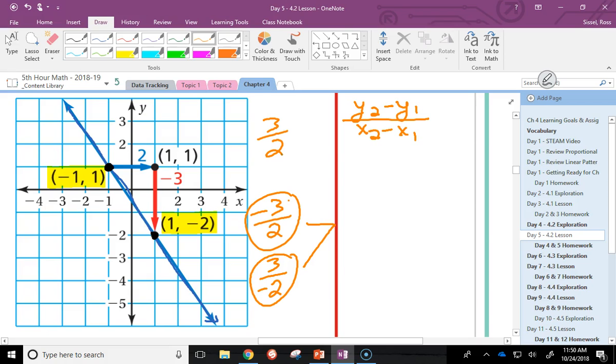The reason this one does not work is because if we were on this point, this says to rise 3: 1, 2, 3, and run 2: 1, 2. It says we have a coordinate here. This line would have been a straight line and there would have been one. So we know that cannot be correct.